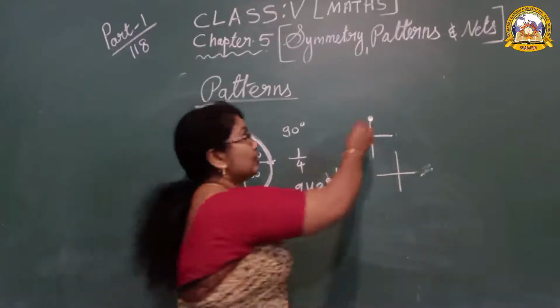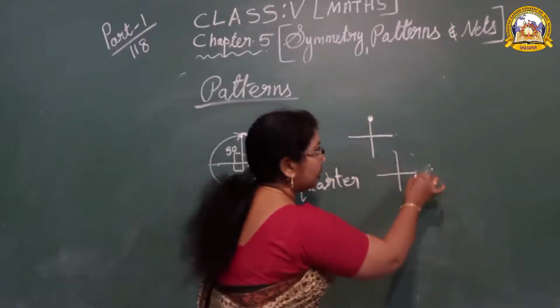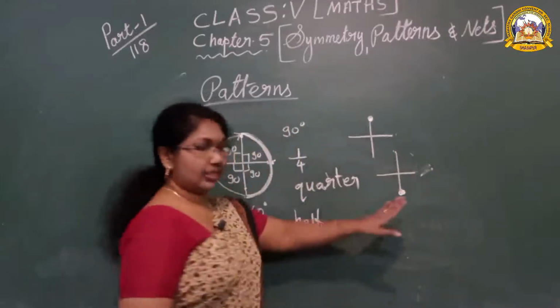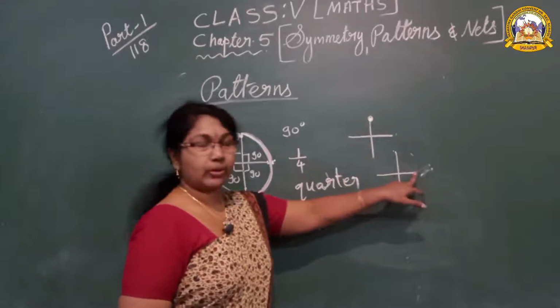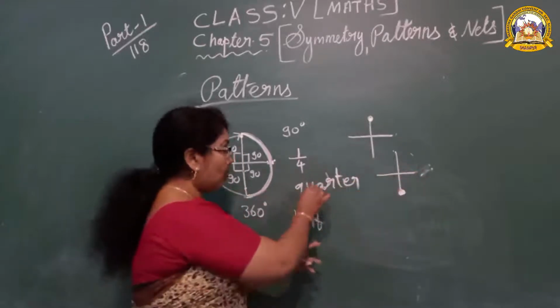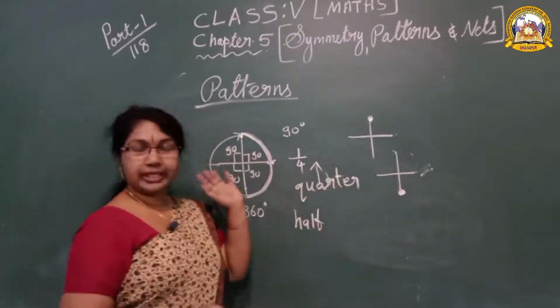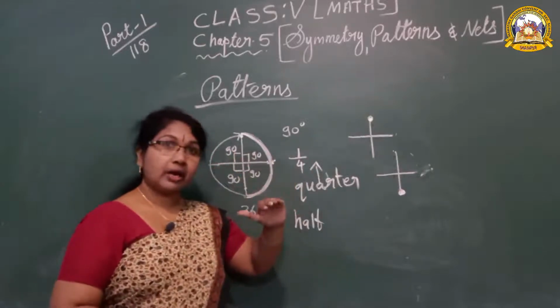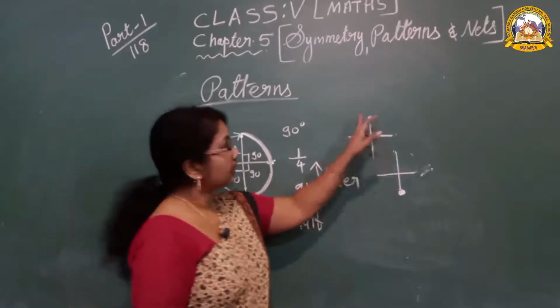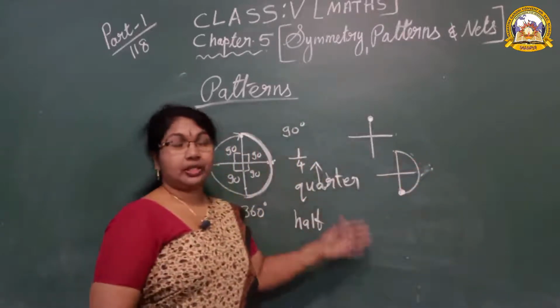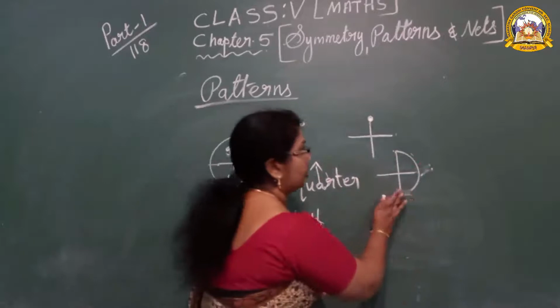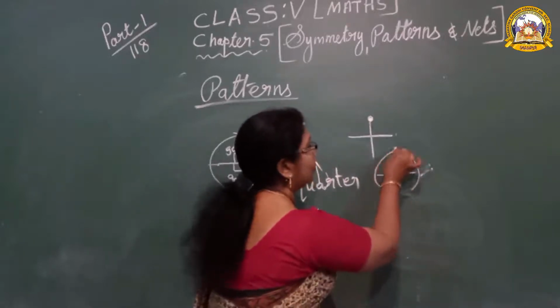So this will rotate from here to here. Understood now, students? Quarter means 1/4, 90 degree rotation. If it is rotating half, half means just opposite, rotating from here to here. If it is again half, these dots will go from here to here.